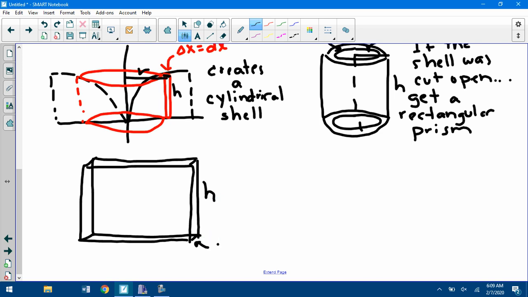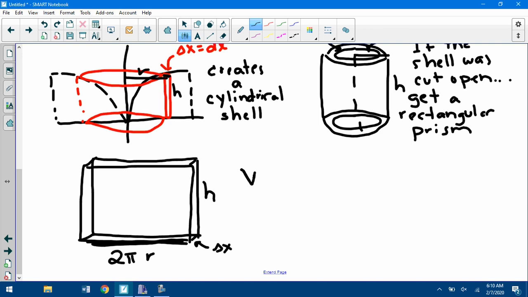And this is still going to be delta x. But what's this distance going to be? Well, it was originally the distance from here all around the soup can. What do we call that distance? Circumference. And what's the formula for circumference in terms of radius? 2 pi r.